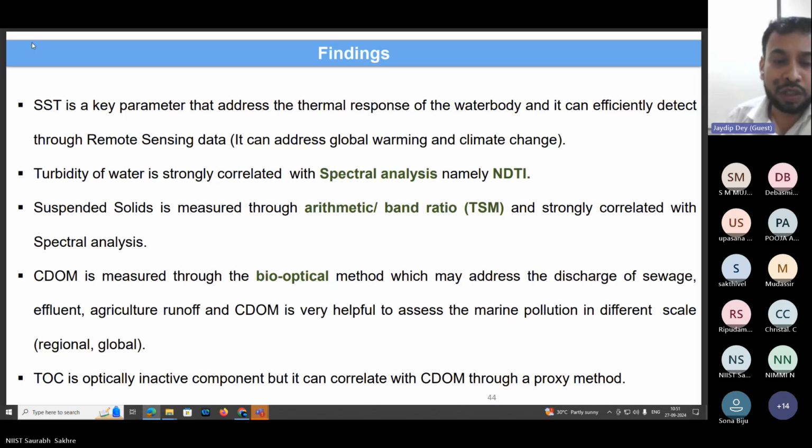TOC, total organic carbon, is an optically inactive component, but it can be correlated with CDOM through a proxy method. As we have seen, there is a good correlation between total organic carbon and CDOM.